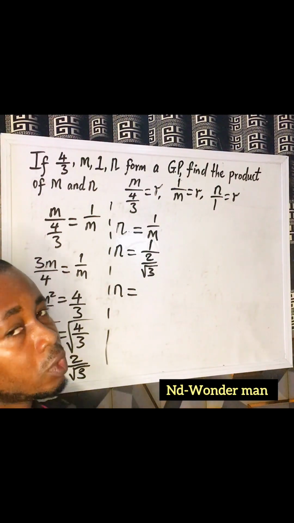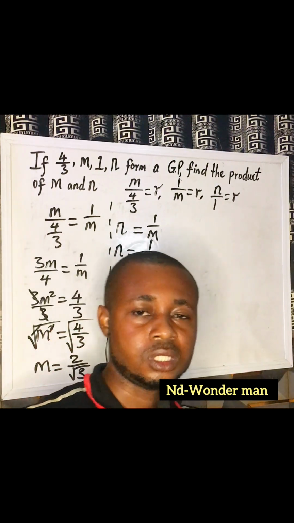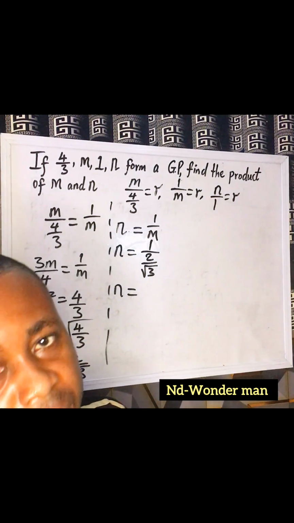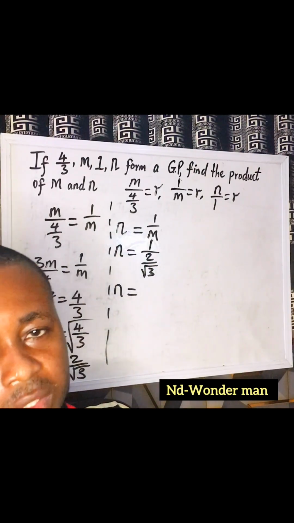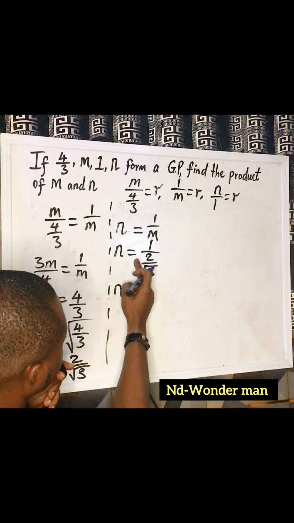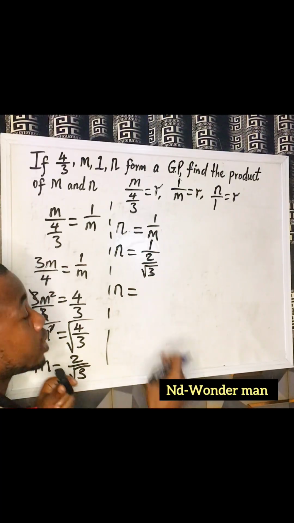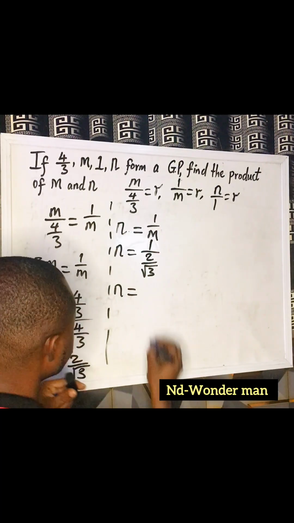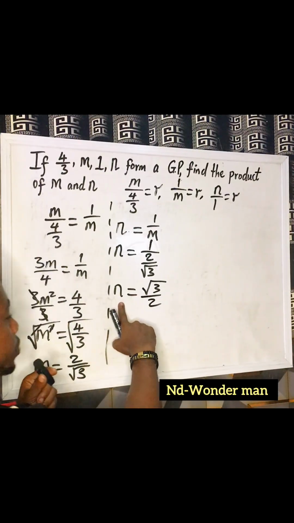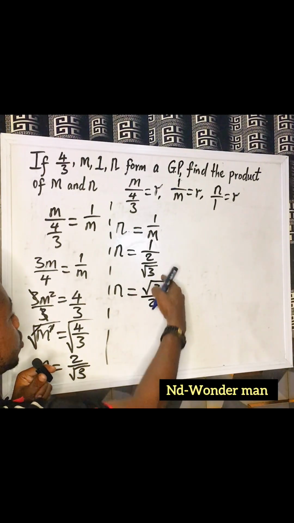If I'm saying 1 divided by 2 over 3, the answer will be 3 over 2. If I'm saying 1 divided by 1 over 4, the answer becomes 4 over 1, which is 4. So do we have something similar? Yes. 1 divided by 2 over root 3 will now be root 3 over 2. So this is the value of n. n is root 3 over 2.